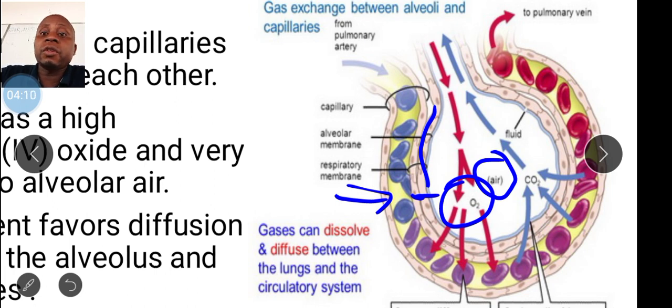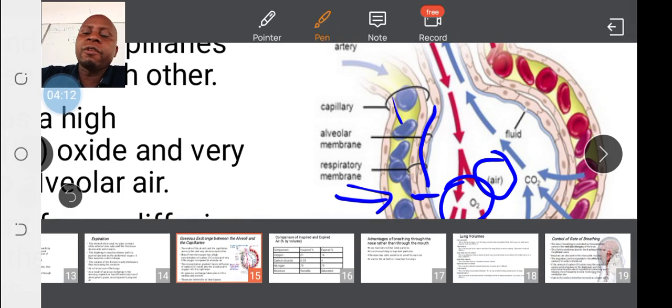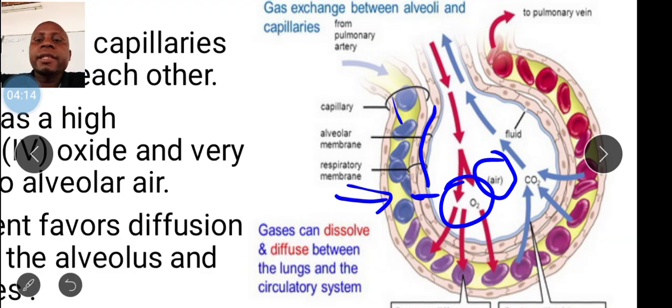So I've said, because oxygen is highly concentrated in the air in the alveolus, it tends to dissolve into the fluids which line the surface of the alveolus and diffuse into the blood capillaries along the concentration gradient. What about carbon dioxide?